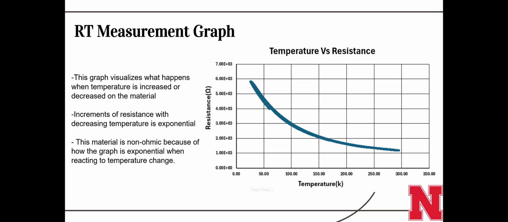So for a graph to be ohmic, it would have to be linear with a constant resistance value, because Ohm's law states that resistance has to be constant for it to be ohmic.